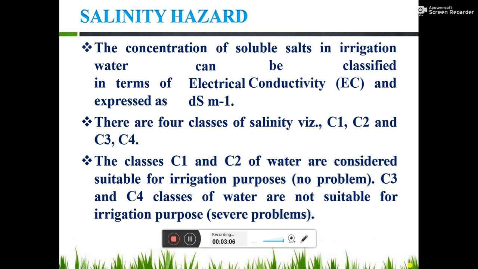The classes C1 and C2 of water are considered suitable for irrigation purpose, that means they have no problem. While C3 and C4 classes of water have severe problems, that's why they are not recommended for irrigation.